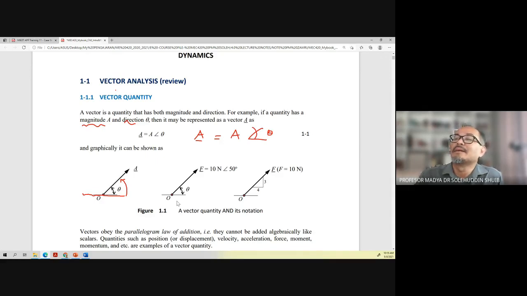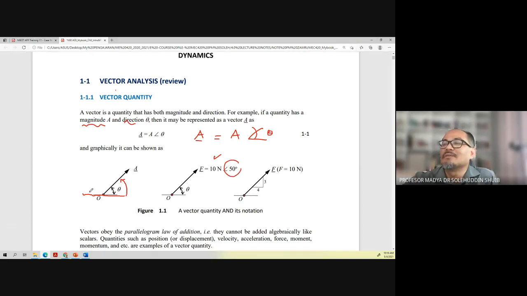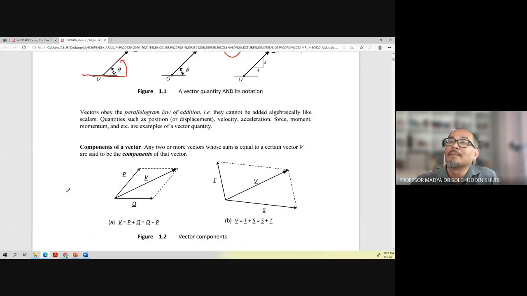And then when the figure has the value, for example, 10 newtons and the degree 50 degrees, so we can say that this vector has a magnitude of 10 meter, and then with the angle or the direction of 50 degrees. Okay, that's how we write it. And then what we did also last time is about the parallelogram law of addition.